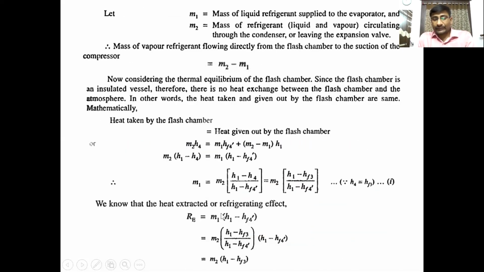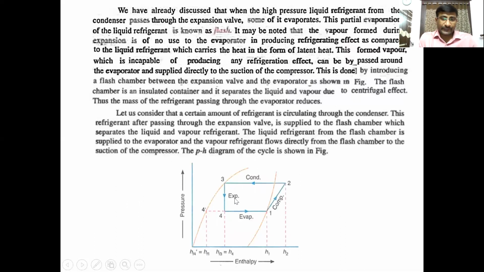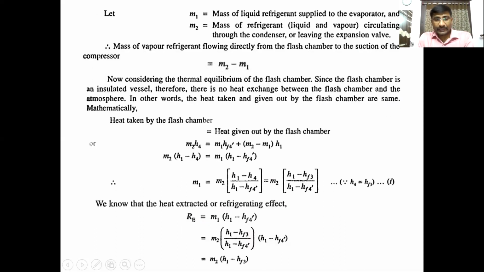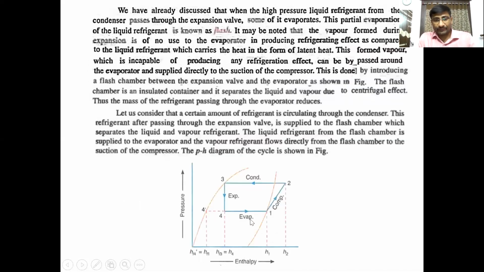This is the refrigeration effect as shown at the top. If we place the flash chamber, the refrigeration effect is M2 into (H1 minus Hf3). But if we do not place the flash chamber, what is the refrigeration effect? From 3 to 4 is the expansion, and the total amount of refrigerant enters the evaporator.